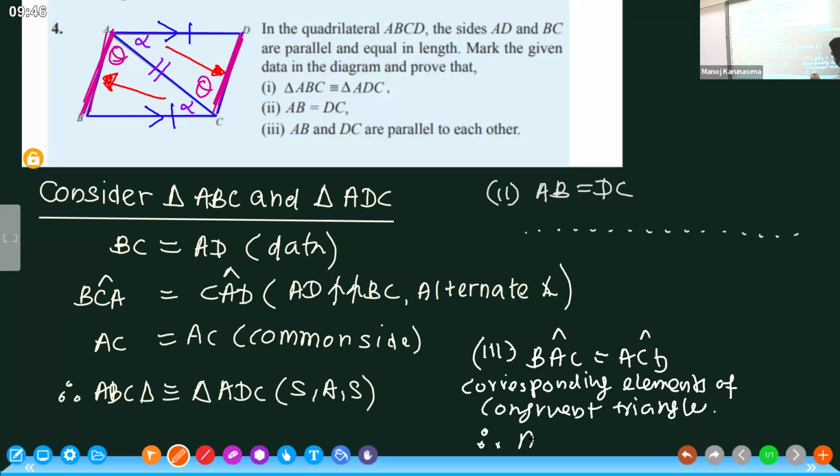Therefore, line segment AB is parallel to line segment DC. Is that clear? Am I clear enough?